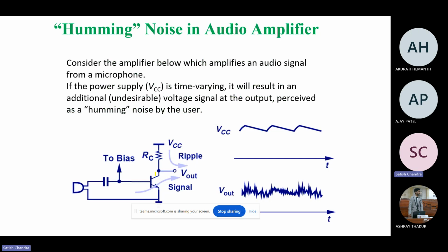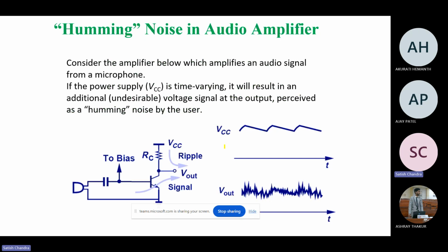Whenever it is, an undesirable voltage signal appears at the output, a kind of humming noise. The BJT amplifies anything that comes in, so rather than only amplifying the input, it also amplifies the humming signal. That noise is a kind of error.